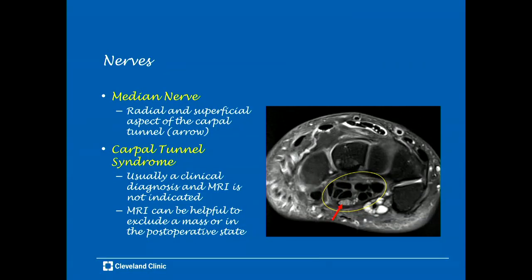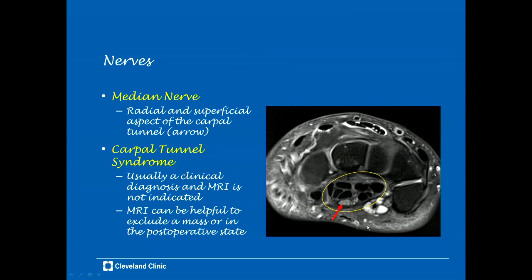The major nerves of the wrist should also be evaluated on every wrist MRI, and this includes the median nerve, which is located within the carpal tunnel along its radial and volar or superficial aspect, as shown here. And the most common abnormality of the median nerve is the carpal tunnel syndrome. Now, this is usually a clinical diagnosis, and in most cases, MRI is not indicated.